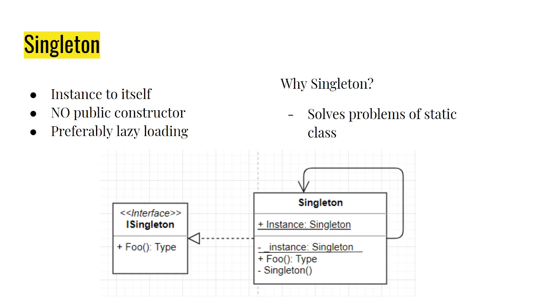For that purpose, we write a static class so that we don't need to create an instance and we can call it globally. But with a static class, we don't have inheritance. And with a static class, we cannot, let's say, put a static class under an interface. So those are the two main problems for a static class, that it doesn't have essentially object-oriented programming semantics. Singleton solves that.